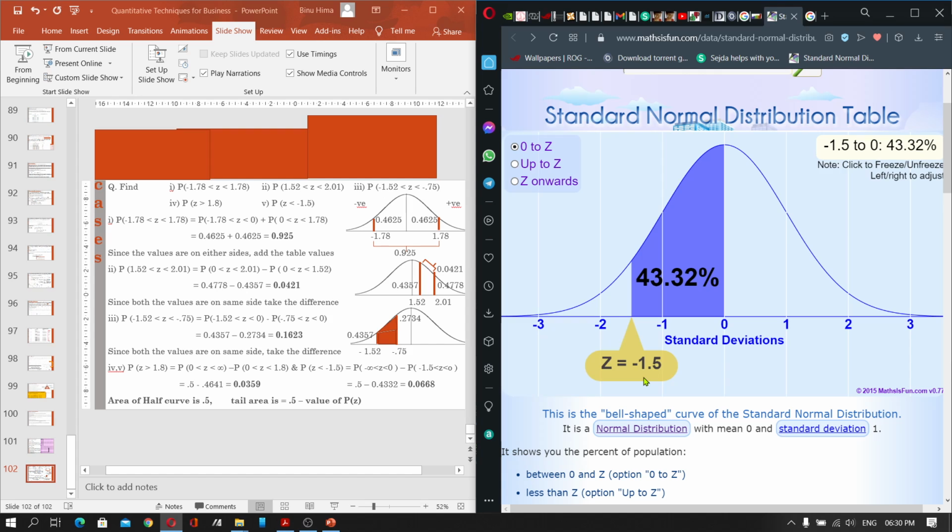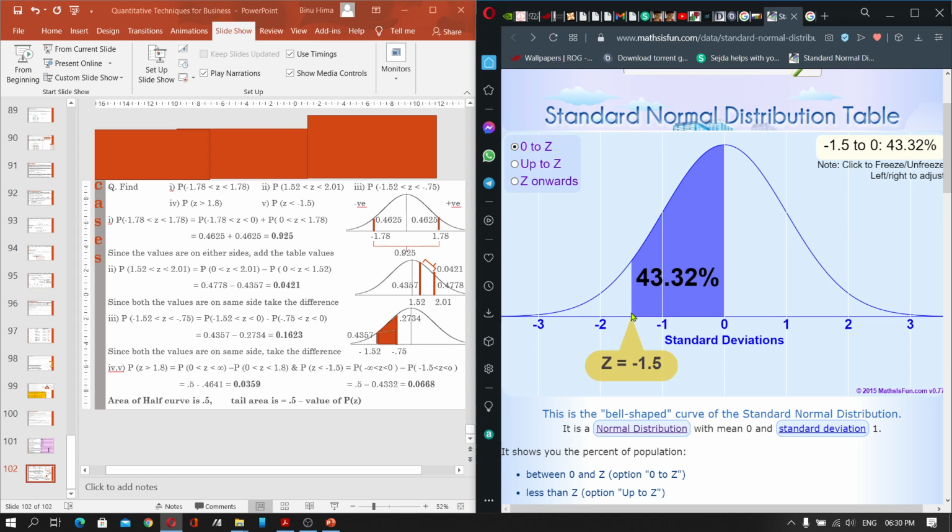Here only 1.5 is given. So it is assumed that if one number is given, the entire value of that side is 0.5. If you deduct that number from 0.5, you will get the area of this remaining portion. You have to find the area of this one. This is how you have done the concept.